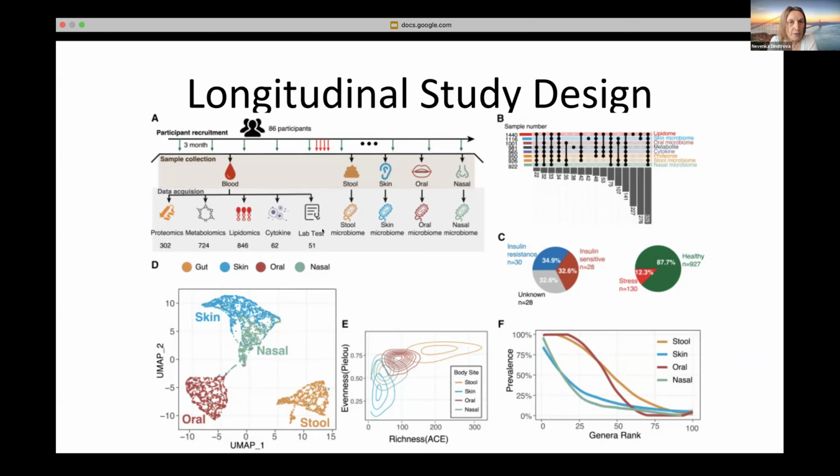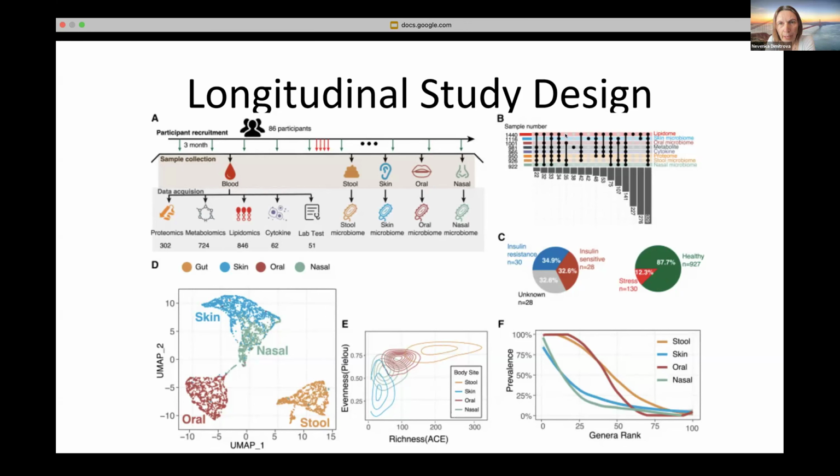It is fascinating to have such an in-depth and personalized following of all these people over the 6 years. And then from stool, skin, oral cavity, and nasal, we have the microbiome samples and the microbiome sequences, which are encoded in MPEG-G data, which will be decoded using Genie, as Jan explained.